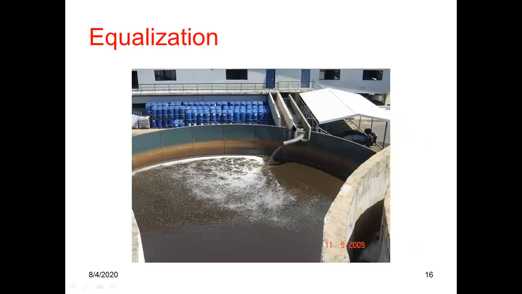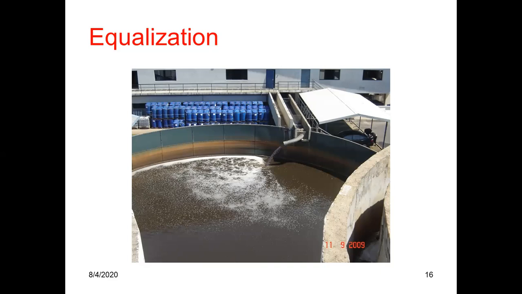In a wastewater treatment plant, there is an equalization tank. In my conventional wastewater treatment plant diagram, I did not add the equalization tank. In our future lecture, I will explain about the equalization tank. Usually an equalization tank is a separate tank where wastewater coming from all the sources comes to a single tank, so it is called equalization.